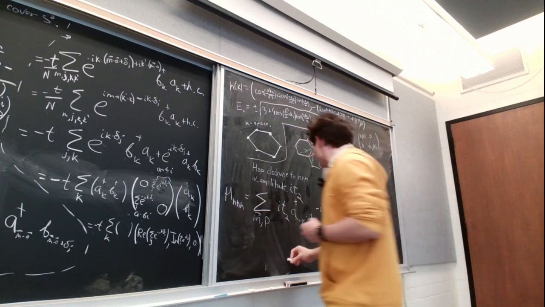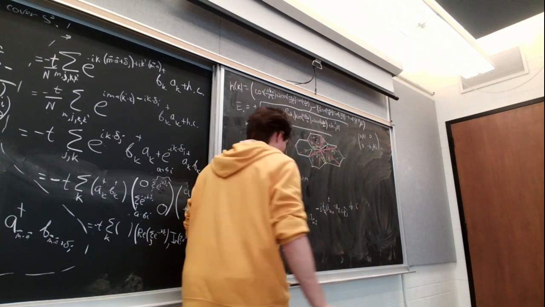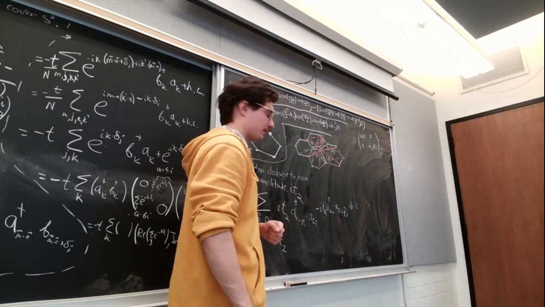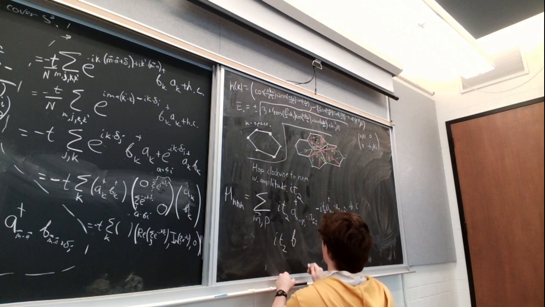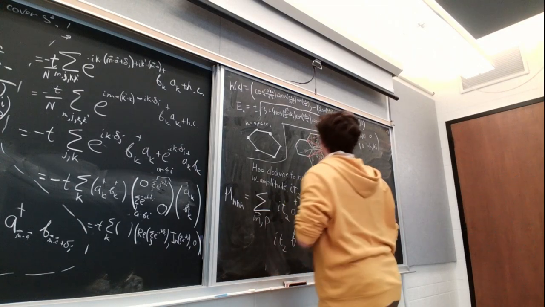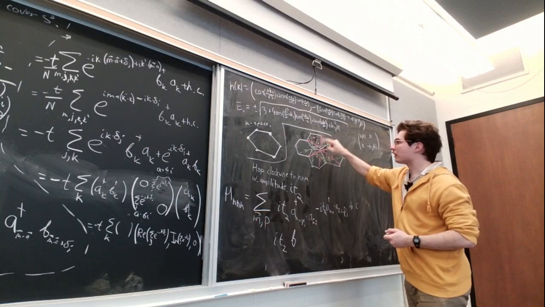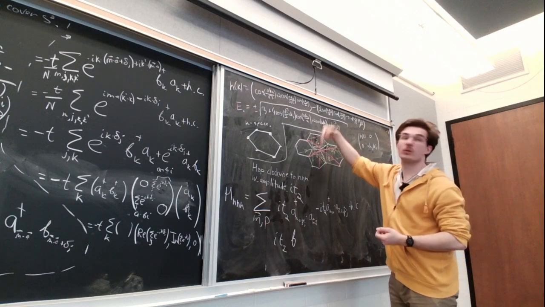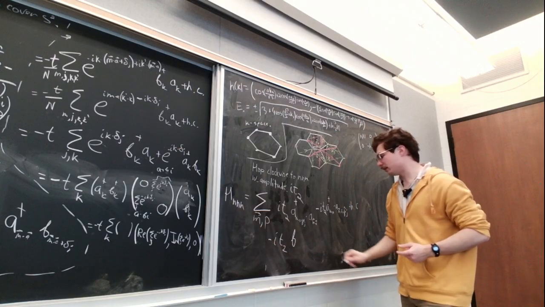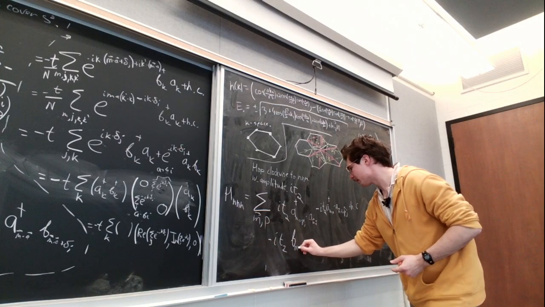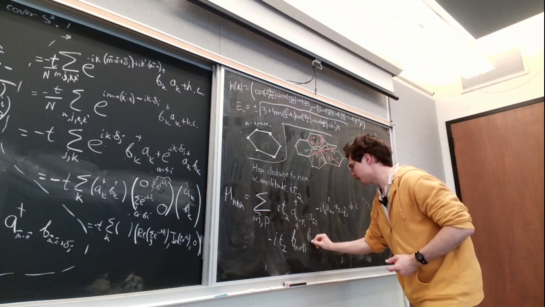But then for the B sites, this is T2. I'm going to have the exact opposite. For the B side, remember, here hopping away was in this direction. Do you agree? But for a B side, this is hopping towards. Do you agree? So this is going to have a minus it2 b m dot a plus gamma j b m dot a.